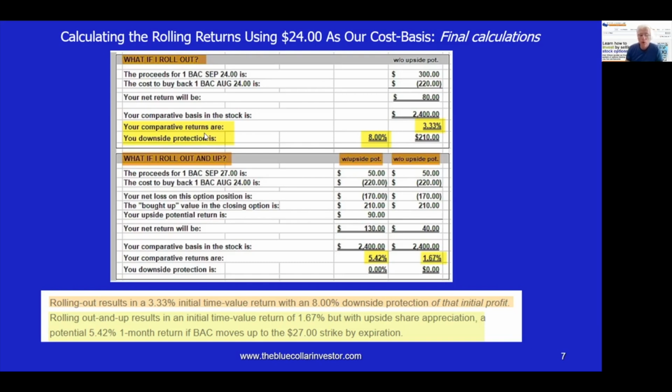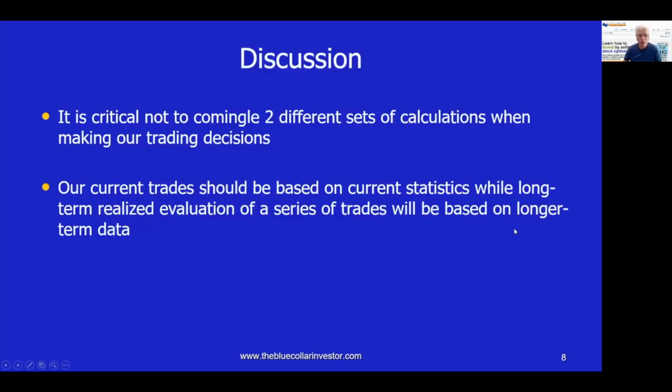So we would roll out to get a very substantial 3.33% time value 1 month return with that 8% downside protection, or a more aggressive approach would be to roll out and up to get that potential 5.42% 1 month return if we anticipated share appreciation.